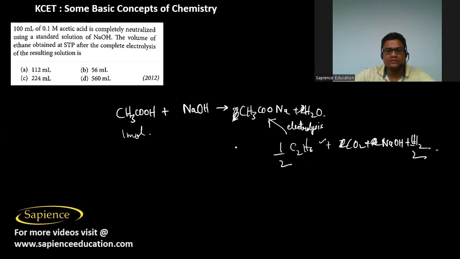So 1 mole of acetic acid will produce 1 mole of sodium acetate, which will produce half mole of ethane.